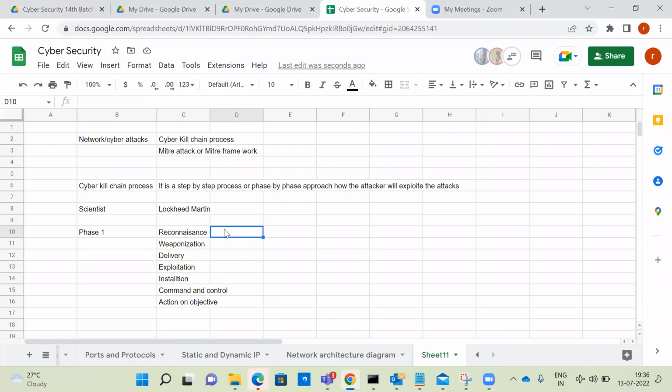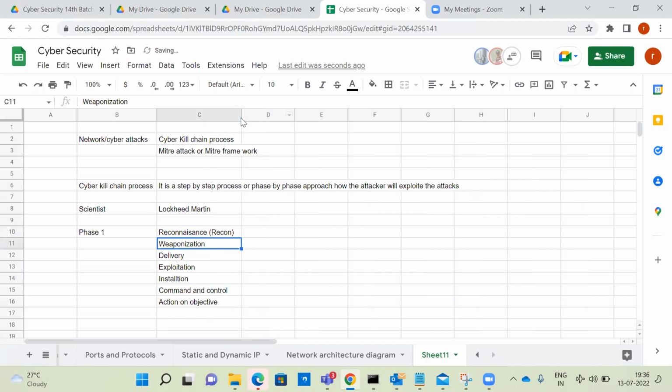In reconnaissance, which in short we call recon, I'm putting it in brackets, what is this recon? As I said, think like you are a hacker, an intruder, or an attacker. In that scenario, first you have to choose the target.